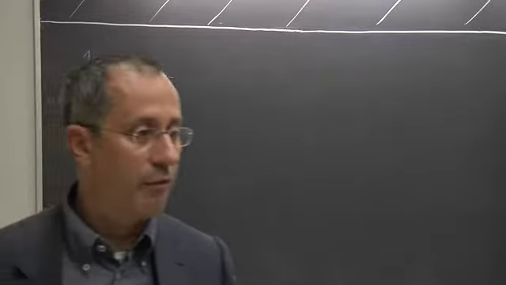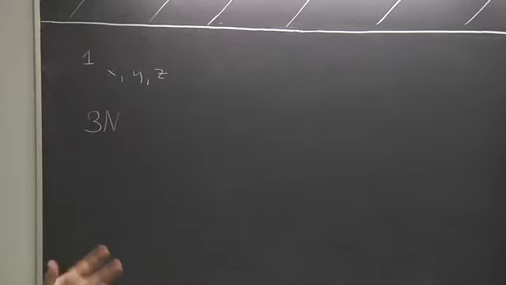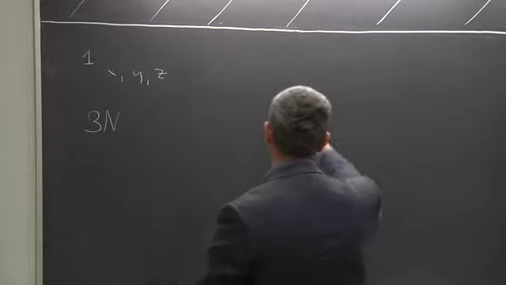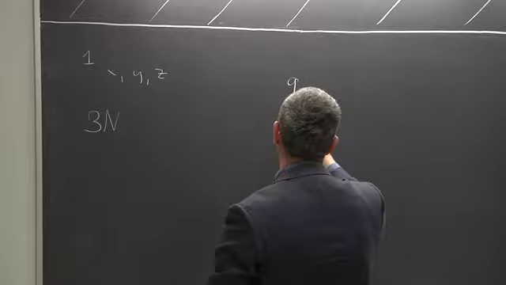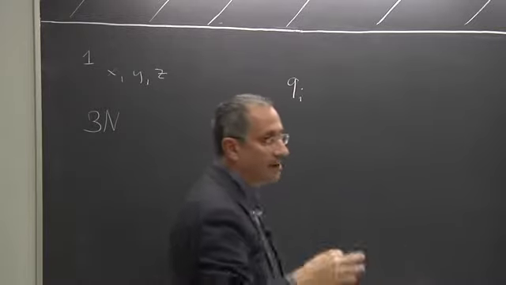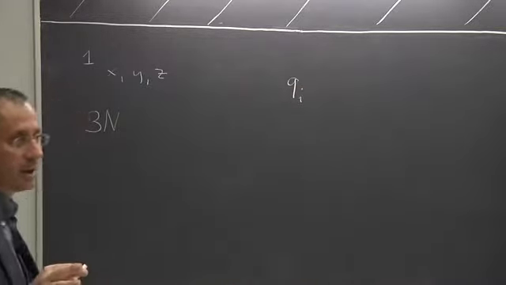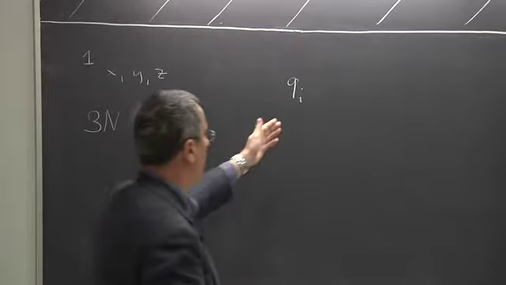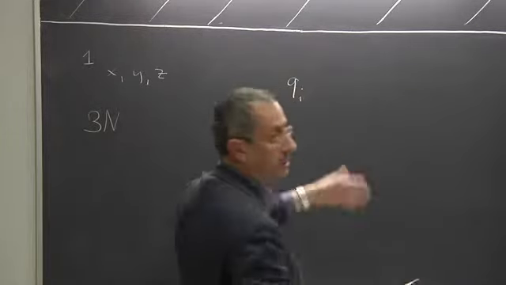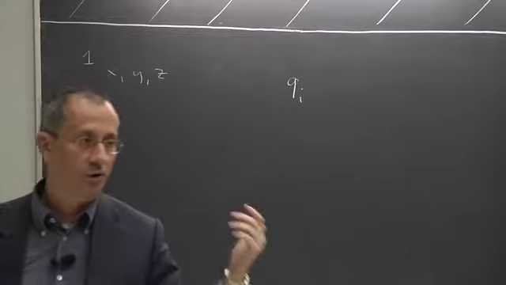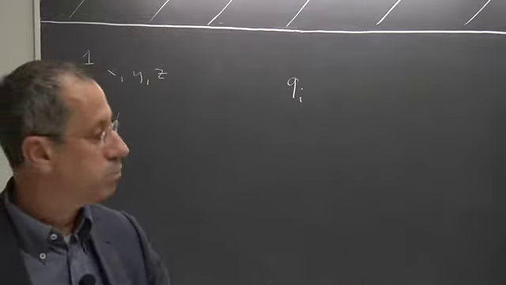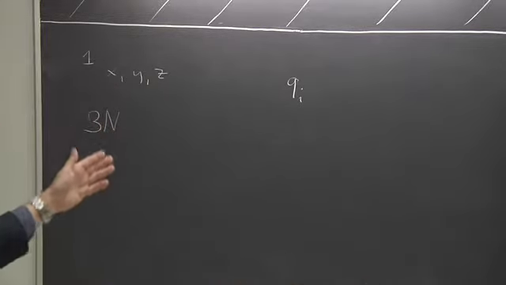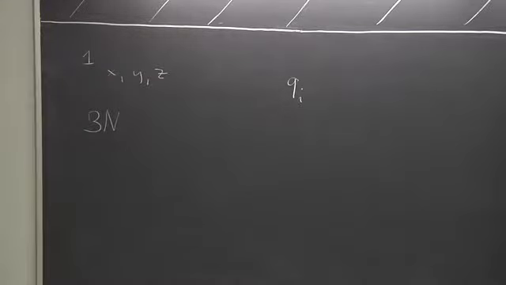Sometimes, in fact very often, it's more convenient to use other coordinates. So let me just call these coordinates q_i. These are called generalized coordinates, because they can be Cartesian coordinates, but not necessarily. They can be, you will see, angles. They can be energy, they can be whatever.